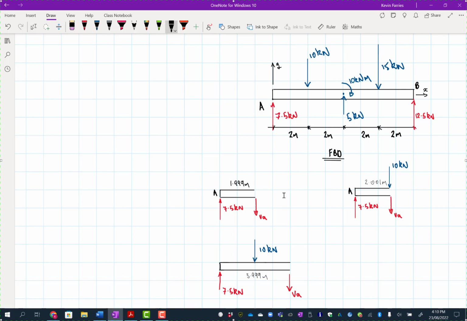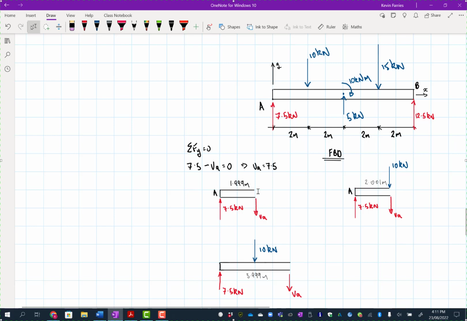And so the sum of the y components must be equal to 0. Therefore, we're going to have 7.5 minus VA, because it's going down the way, equal to 0. And therefore, VA equals 7.5. So rather than writing that out each time, we can just notice that VA is just the sum of the other forces, because it's been drawn in the negative direction.